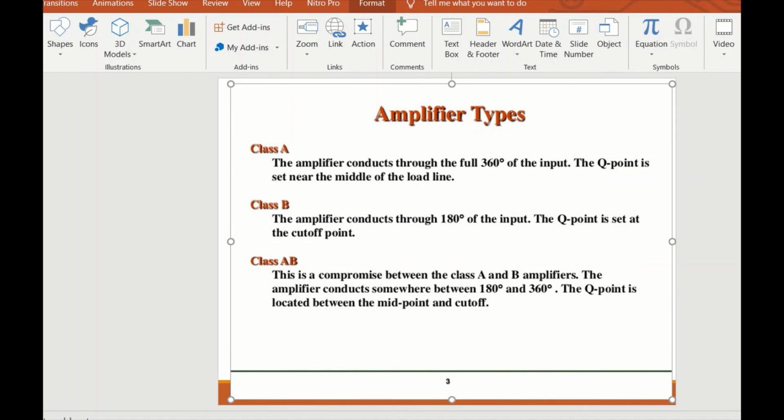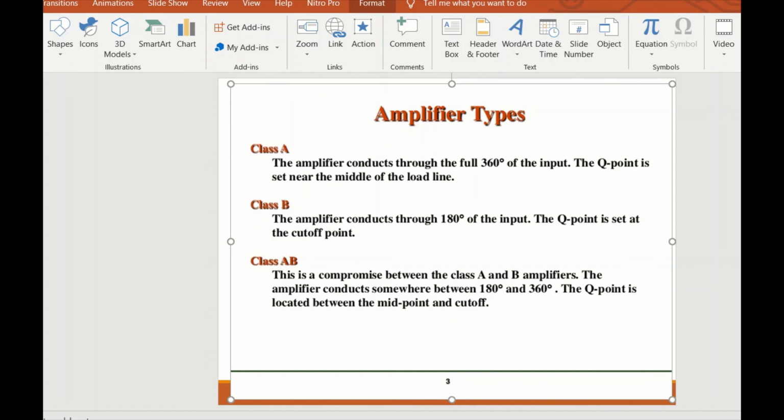And class AB is a mixture of class A and B. This is a compromise between class A and class B amplifiers. These amplifiers conduct between 180 and 360 degrees, and the Q point is located between the midpoint and the cutoff point.